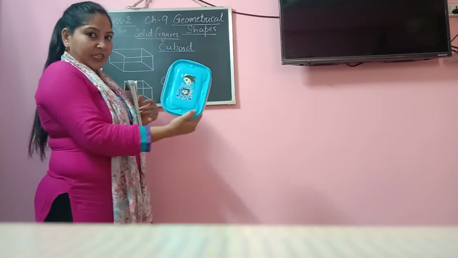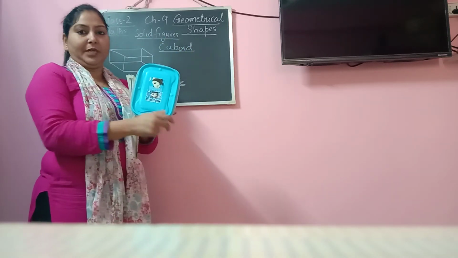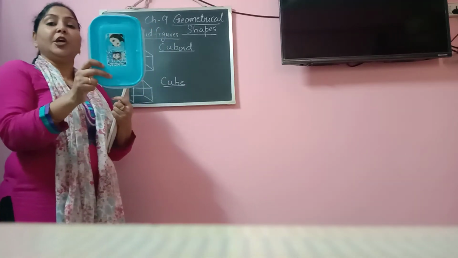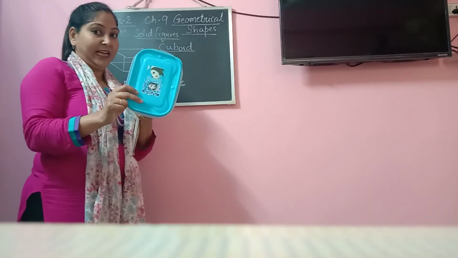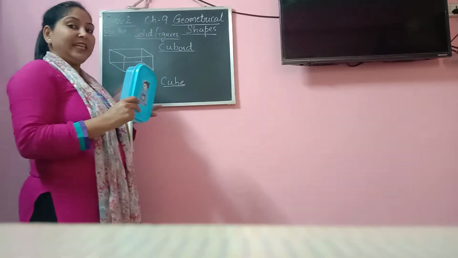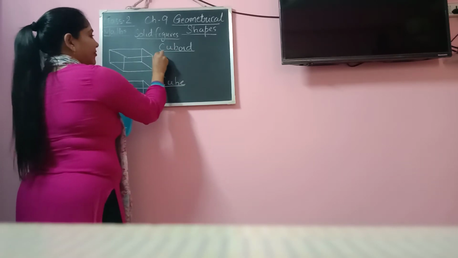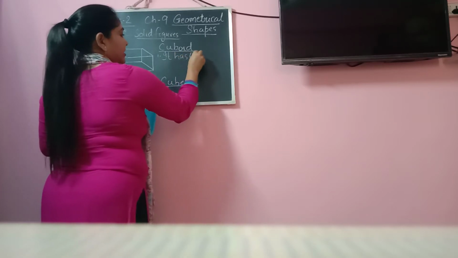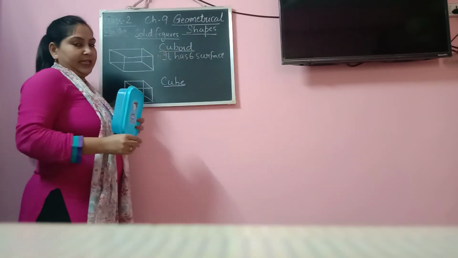So each surface of this object is made up of rectangular shape. And how many faces or surfaces does it have? It has 6 surfaces. So we can say every cuboid, first of all, has 6 surfaces.